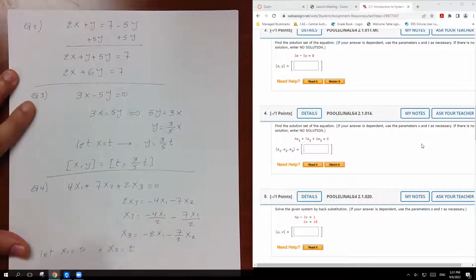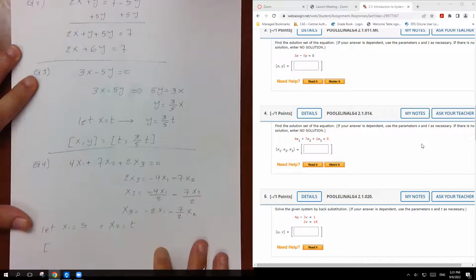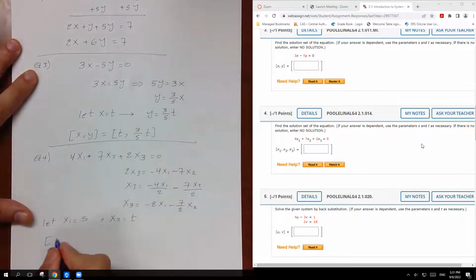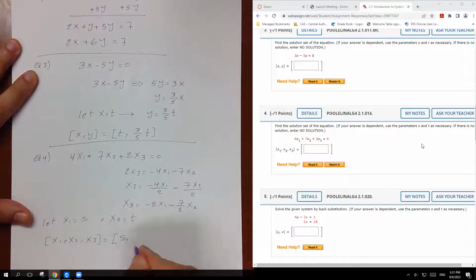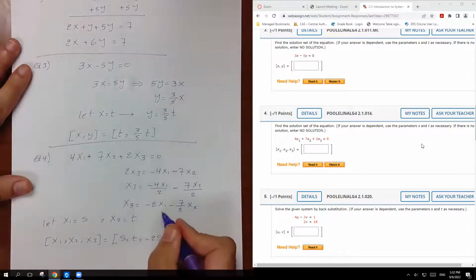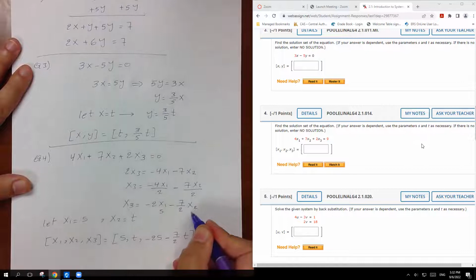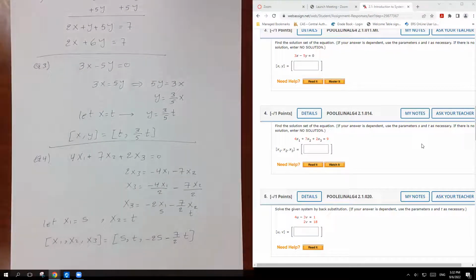That means the solution set is going to be x1, x2, and x3, which is equal to x1 is s, x2 is t, and x3 is going to be -2 times s, minus 7 over 2 times t. So here is the solution set for this example. You have to plug in s here for x1 and t here for x2.